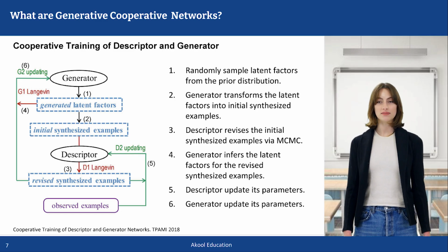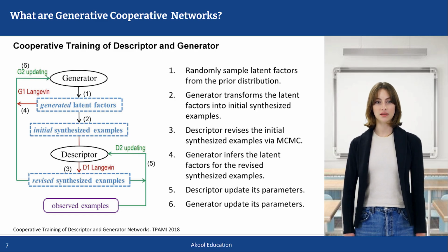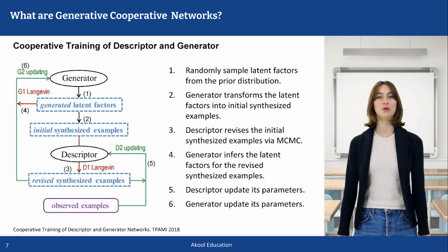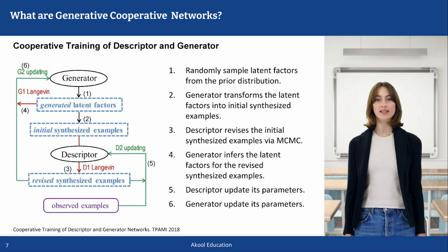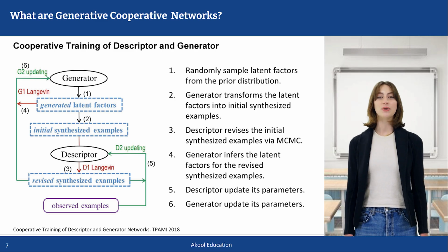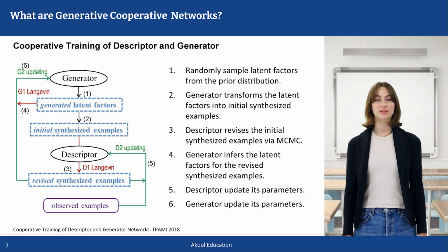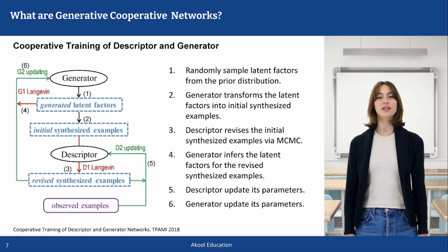First, we sample latent variables from the prior distribution, which is a known Gaussian distribution. Second, the generator generates initial synthesized examples by transforming the latent variables. Third, the energy-based model revises the initial synthesized examples using Langevin dynamics, which is guided by the energy function.